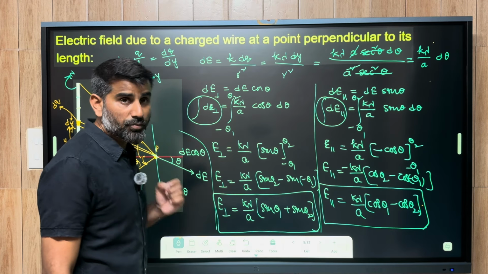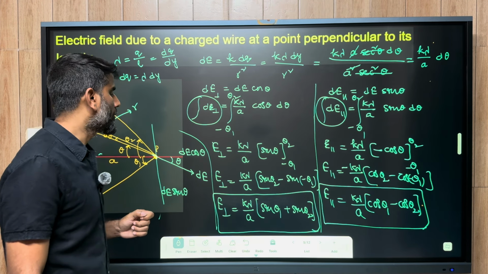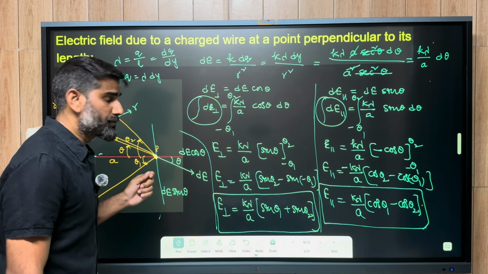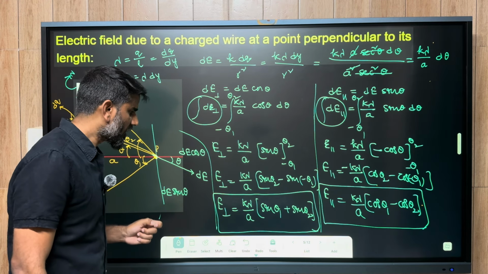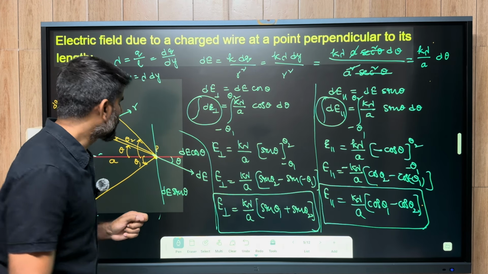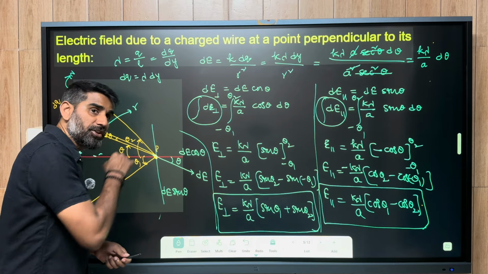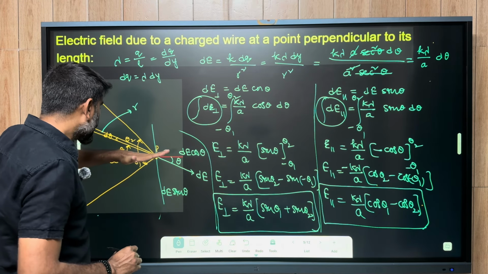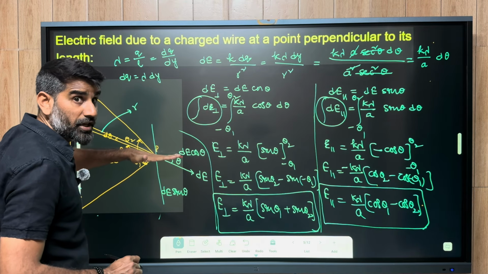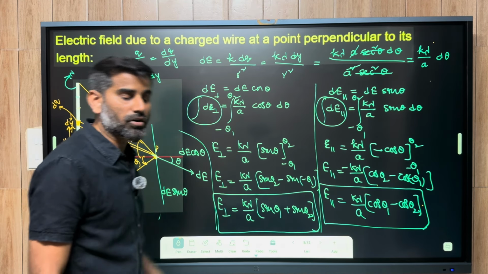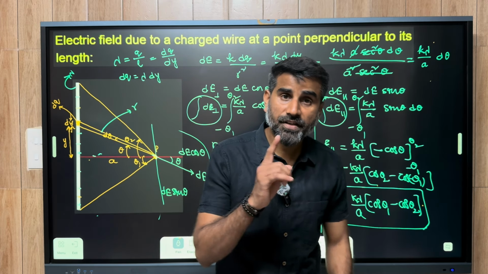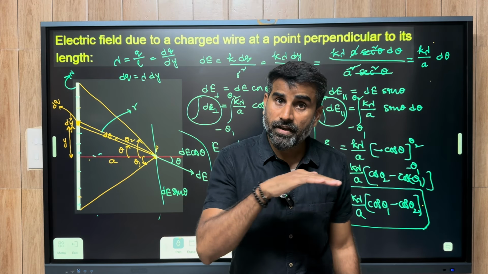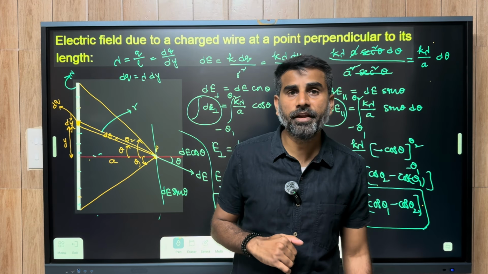The key points here are, remember, I have already measured these angles theta 1 and theta 2 according to the direction of measurement. Our reference line is this one, perpendicular to the rod. We are measuring the angles from the line perpendicular to the rod.